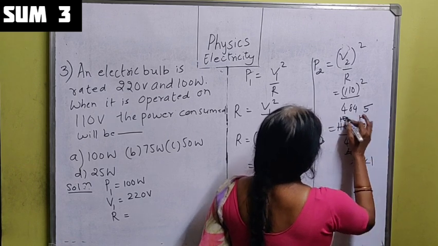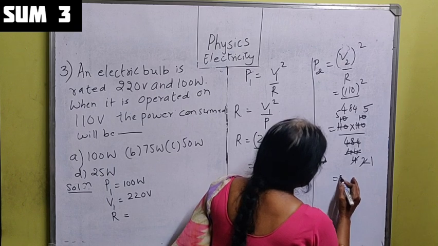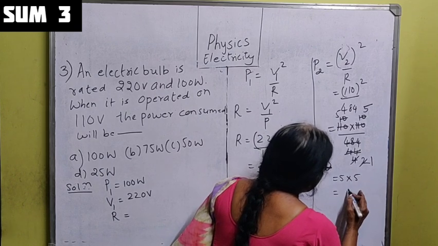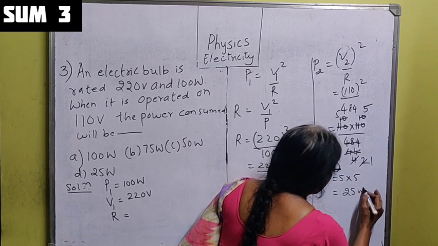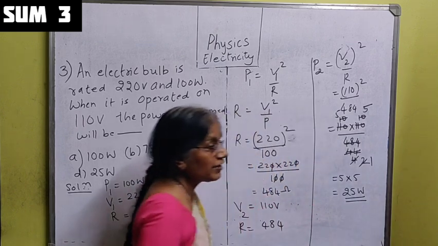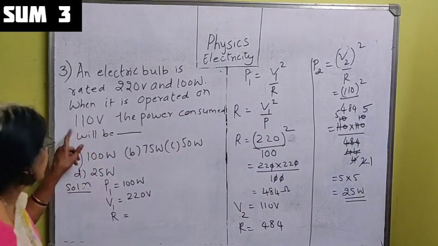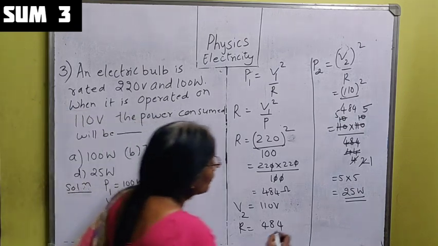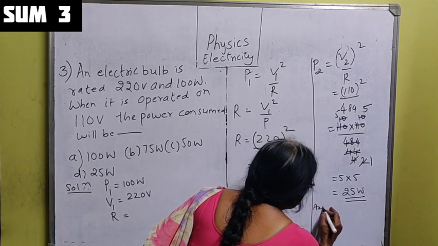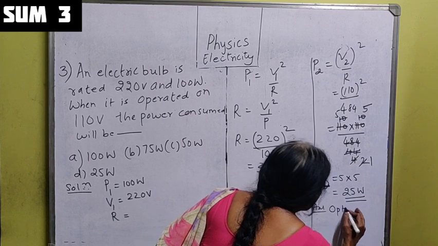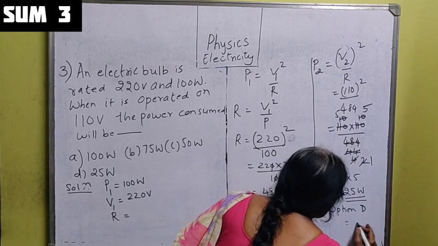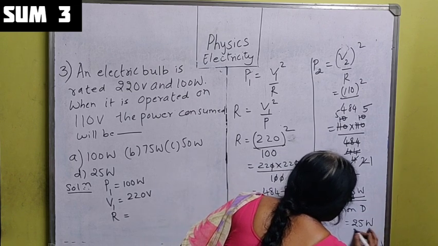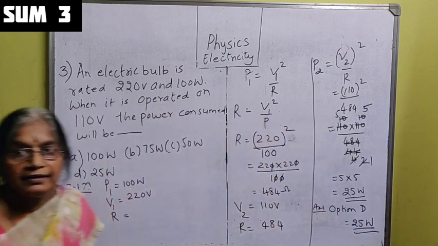So we got 5 into 5, which is 25 watt. So the power when 110 volt is given is 25 watt. So the answer is option D, 25 watt.